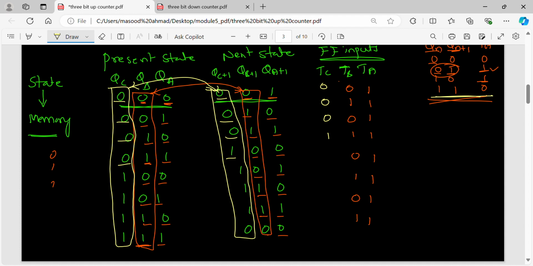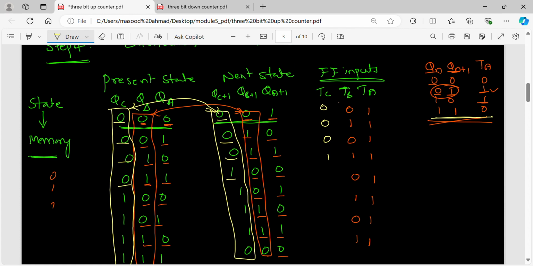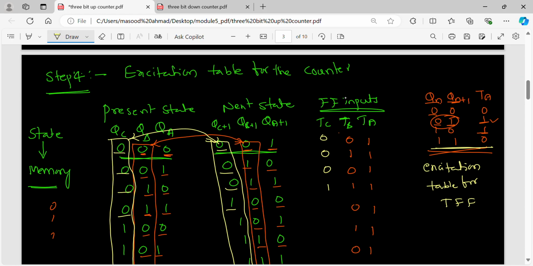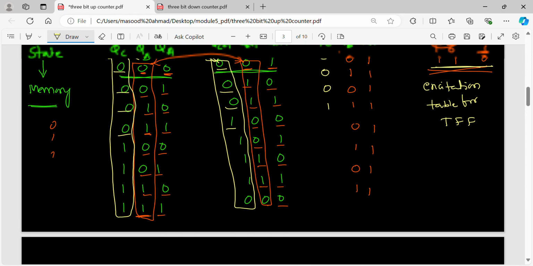Okay. So from the T flip-flop excitation table, we are getting the excitation table for the counter. What is this that I am doing? Excitation table for counter design, synchronous counter design to be specific.